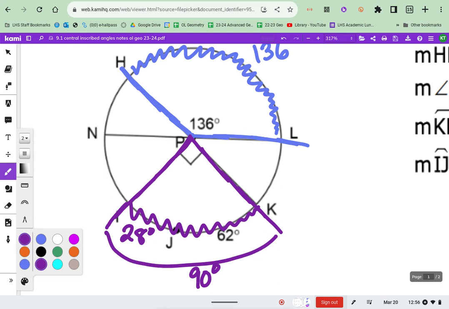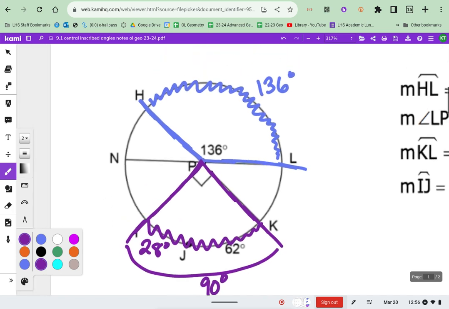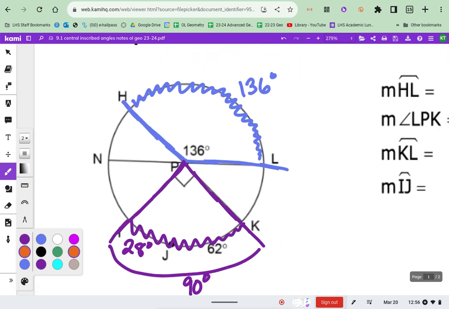Okay, do we have any other central angles that have a measurement? No. So at this point, your next strategy is to look for semicircles, because how much are semicircles? 180, right? Because it's half the circle. So for example, one example of a semicircle is this entire top half, right?